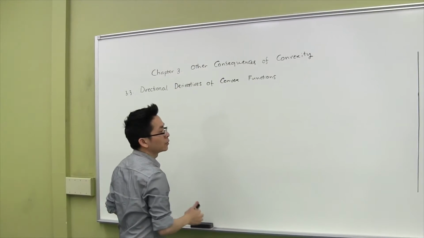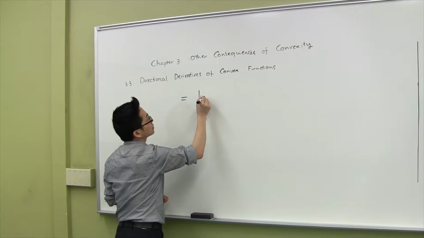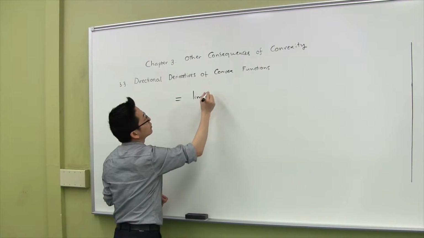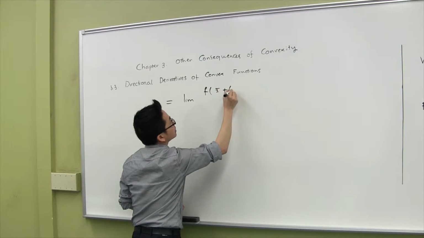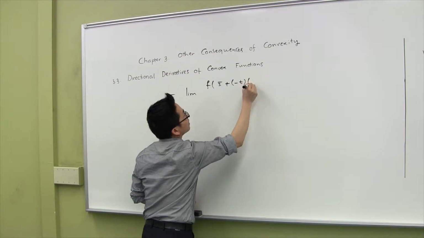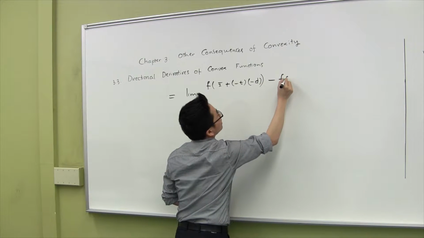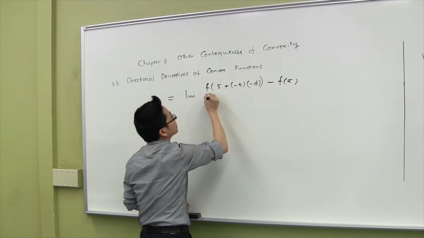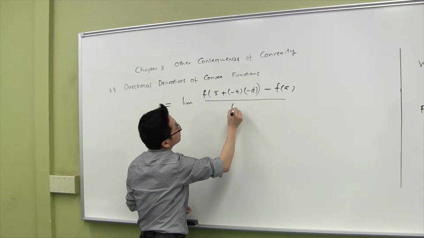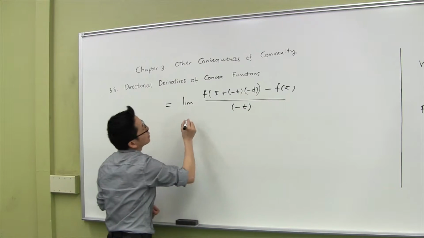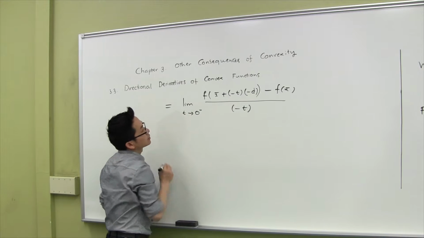Okay, so it is equal to the limit of f of x bar plus minus t times minus d minus f of x bar. Here we divide by minus t, where t approaches 0 from the left.